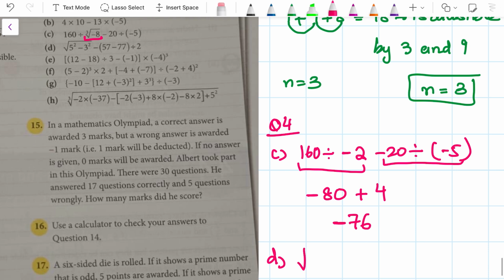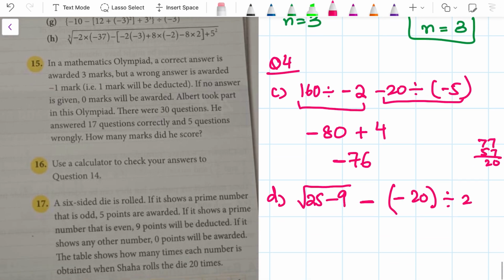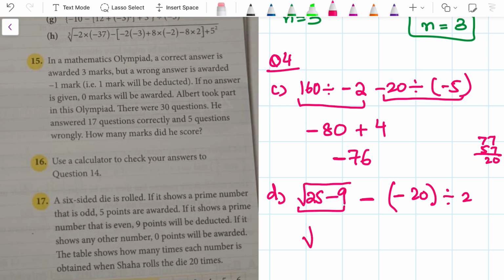Let's look at the D part. 5 square is a 25 minus 9. Minus 57 minus 77 will be 20, but with a minus sign. This is going to be under root 16.